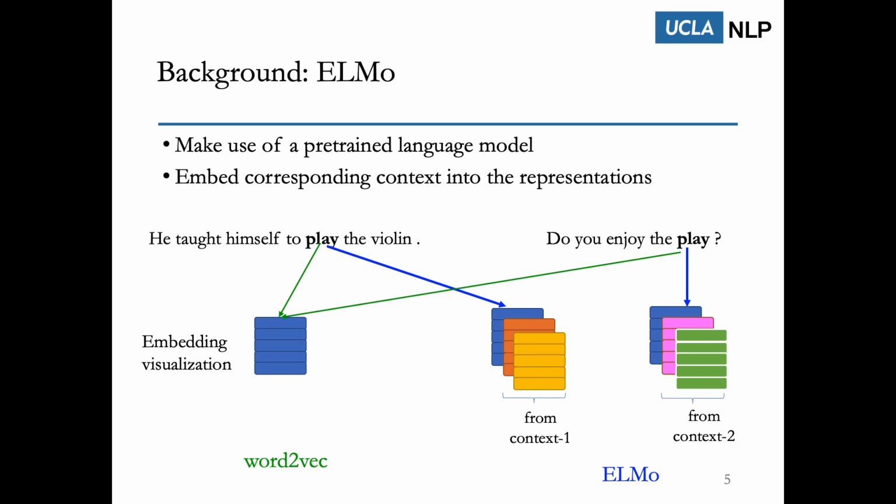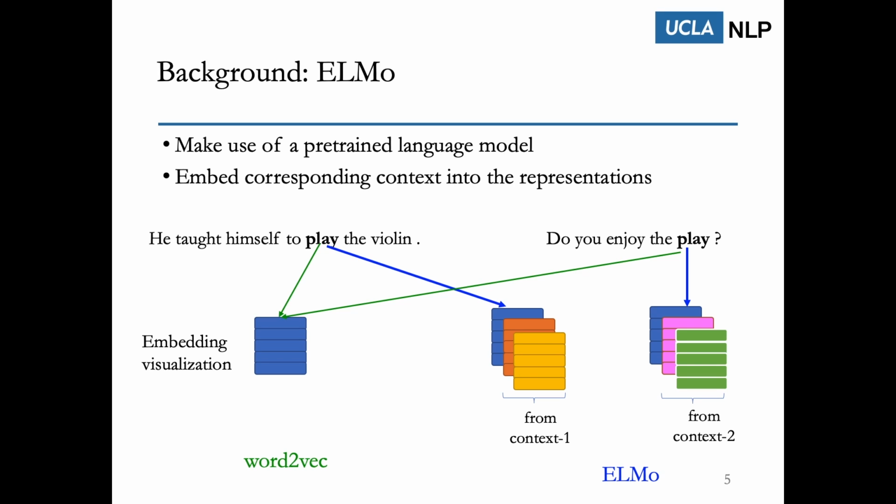Before we start, let's first look at ELMo. Traditional word embeddings will assign a fixed vector to a word even when the meaning is different. But ELMo makes use of a pre-trained language model, and when assigning the embedding to a word, it will take the corresponding context into consideration.